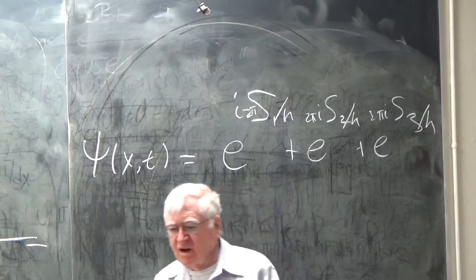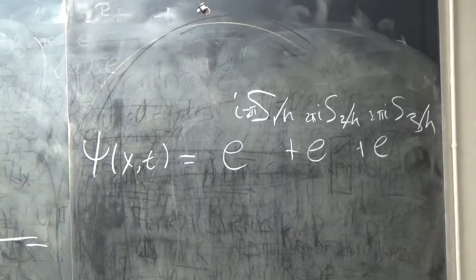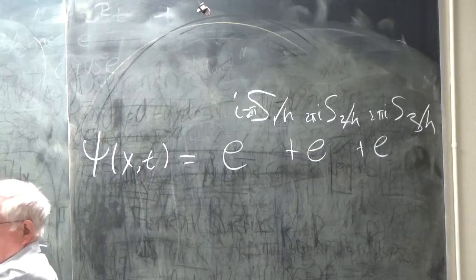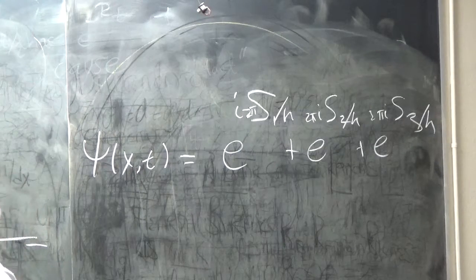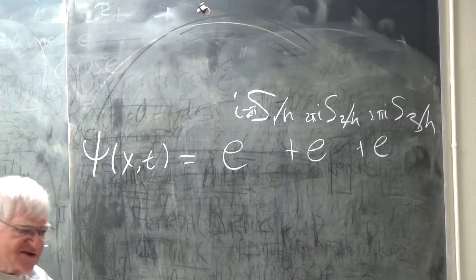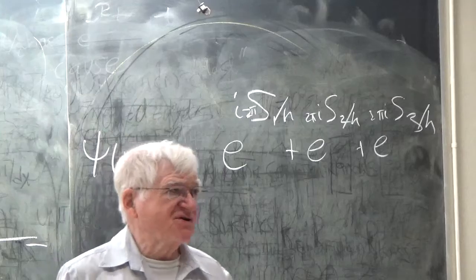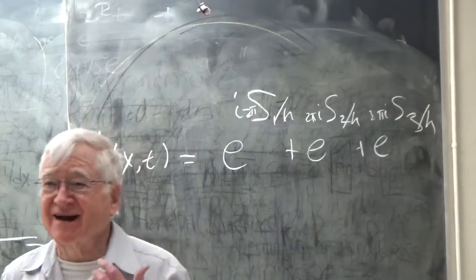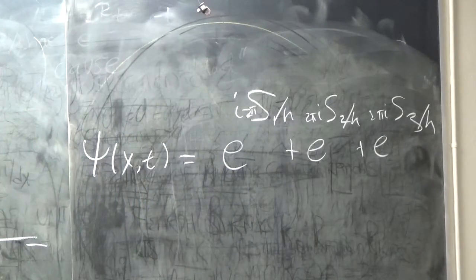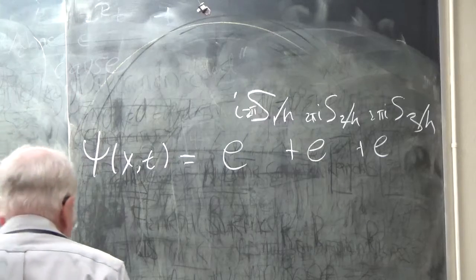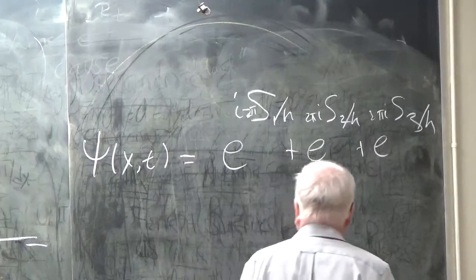And you sum over all possible processes that take you from the source of the particles up to the point x at time t. And the S's are the actions of the process. In fact, they're the classical action of the process. But they're arbitrary processes.